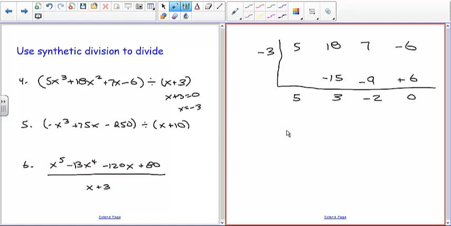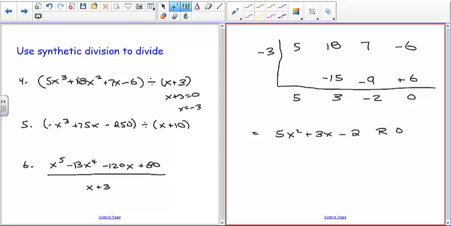So what this is saying is that the answer is going to be equal to 5x squared plus 3x minus 2 with a remainder of 0. So if you get a 0 here, it means the remainder is 0. These coefficients go in order, so this is going to be the highest order.